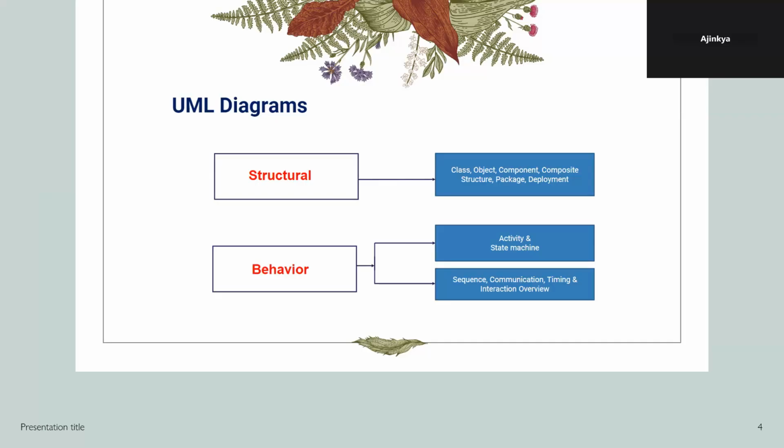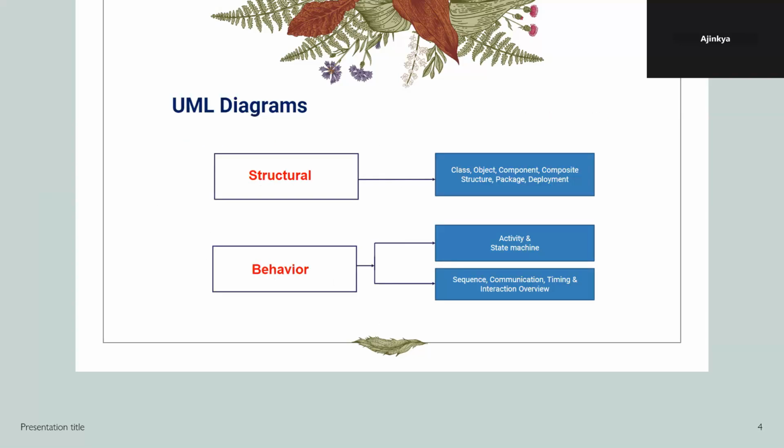Behavioral has activity and state machine, and others like sequence, communication, timing, and interaction overview. It's just two different types in a theoretical way, structural and behavioral.